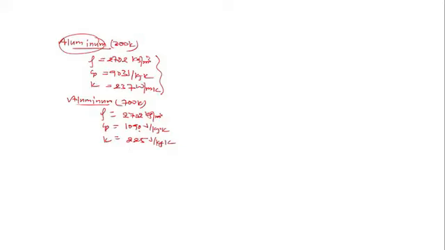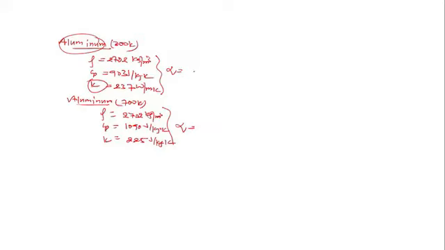Now, what is alpha in this case? What is the thermal diffusivity at 300 Kelvin and 700 Kelvin? Can you tell me? This is how I can calculate the thermal diffusivity.